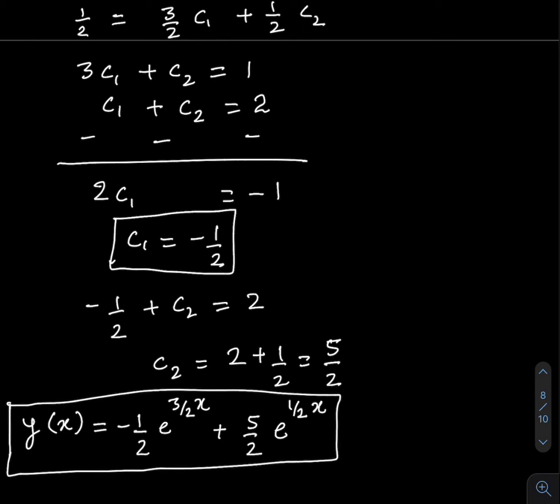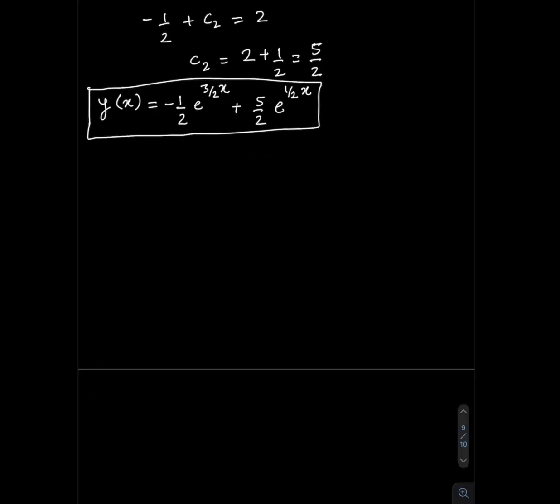So this is the solution which satisfies these two conditions and the differential equation. Okay, this was the case when we have real and distinct roots. What if the roots are repeated? If we get two roots which are the same, that's our second case. Now let's see one example for the case of repeated roots.